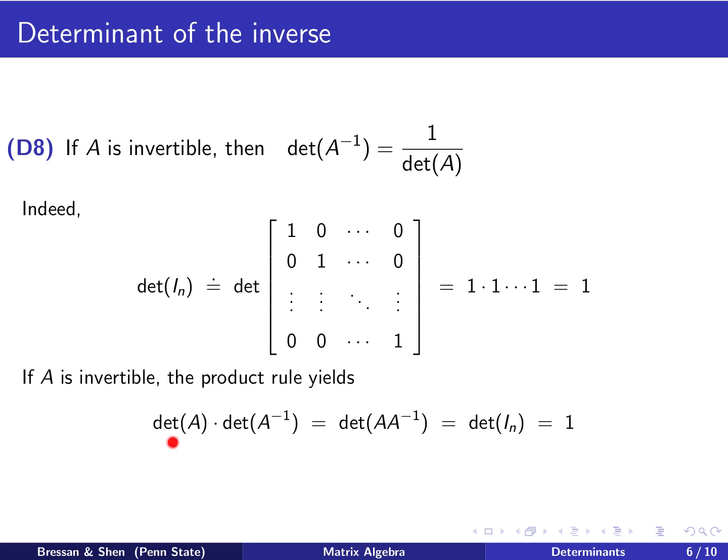That is, determinant of A times determinant of A inverse is determinant of A times A inverse. And then this gives us the identity matrix, and it's 1. So then we have this identity, which is the same as this property here.